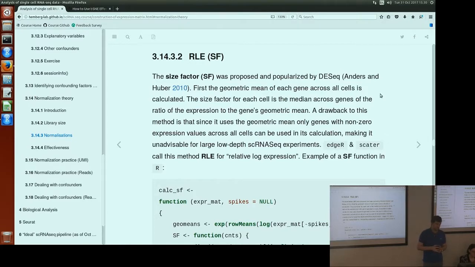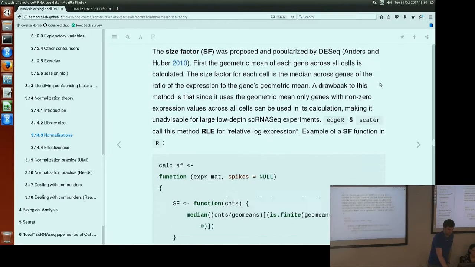A drawback is that since it uses the geometric mean, only genes with non-zero expression values across cells can be used in its calculation, and so that really makes it unadvisable for large, low-depth, single-cell RNA-seq experiments. And so in edgeR and scater, which uses the method in edgeR, this method's known as RLE, or relative log expression.